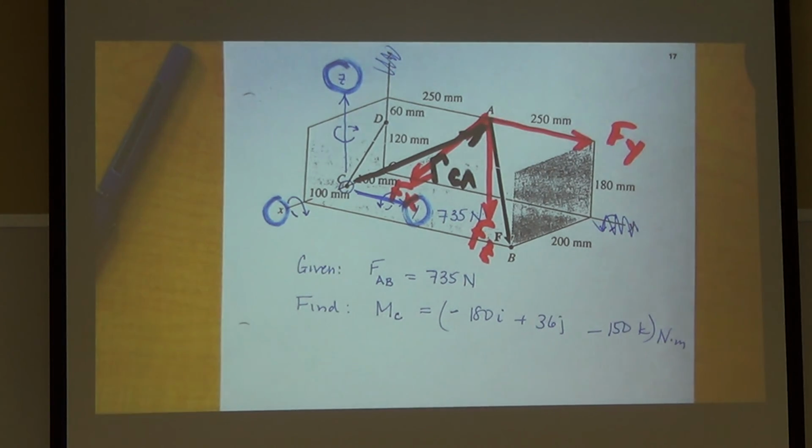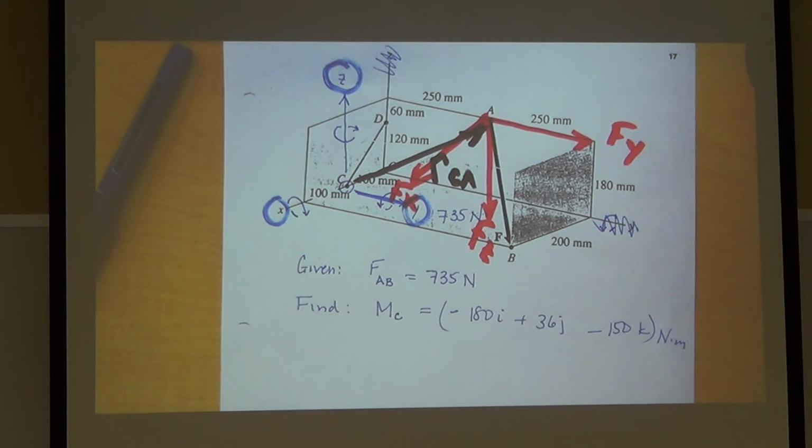Andrew, are there other zero moments in this table because their forces are parallel to the direction of the axes? Yes. So we looked at the force AB going in the x, and we know it does not create a moment about the x because the force and the moment are parallel to each other.